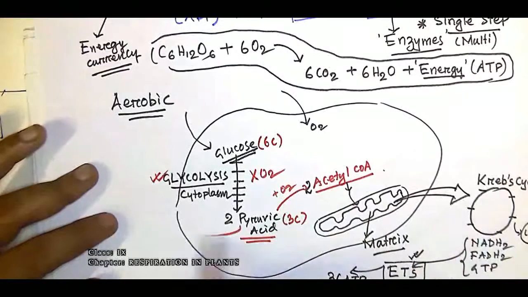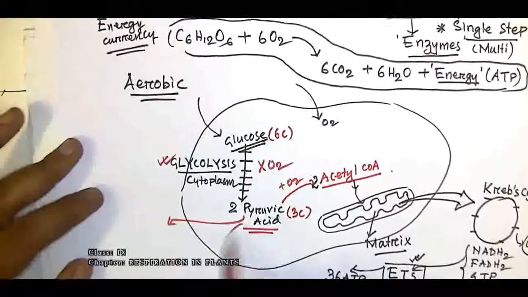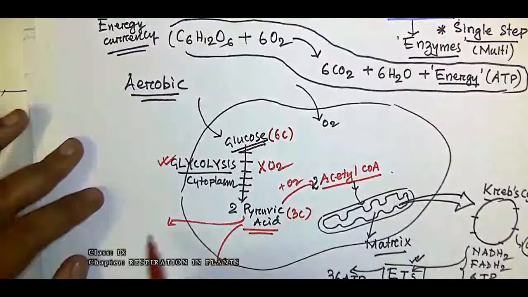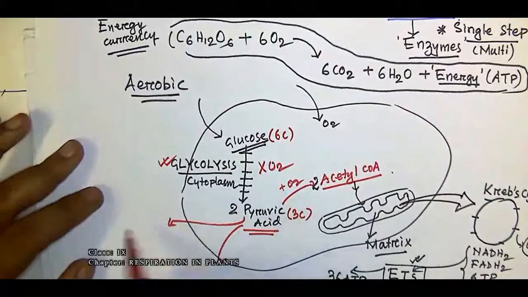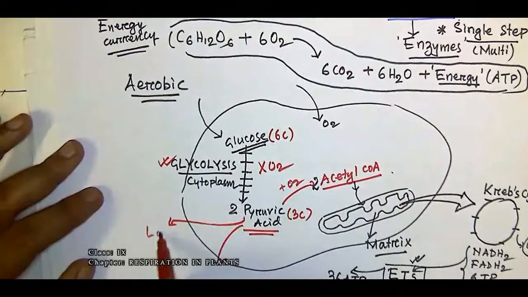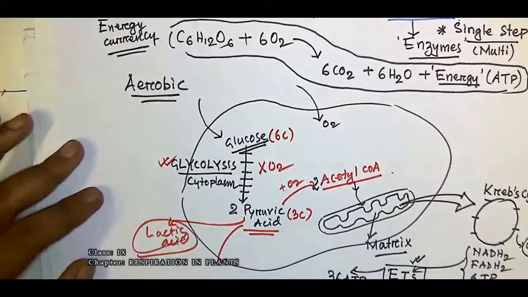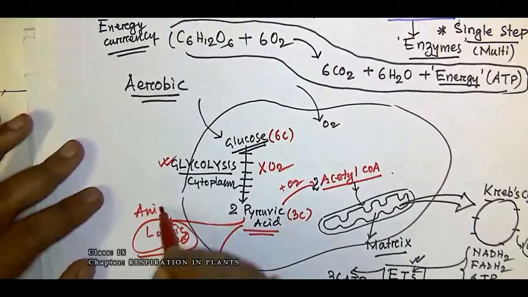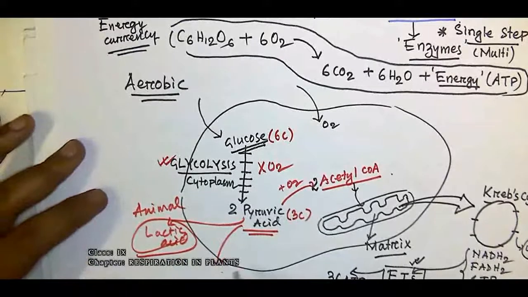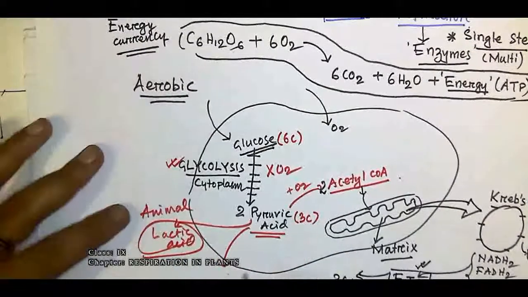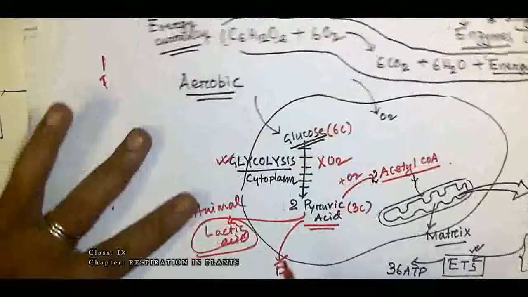If there is no oxygen present, then what pathway should be taken? Either if it is, say, an animal cell, like we have seen skeletal muscles, okay, lactic acid formation will take place. So where is lactic acid formation going to take place? It is going to take place in animal cell, right? And if it is a microbe like bacteria or yeast over there, what should be formed?